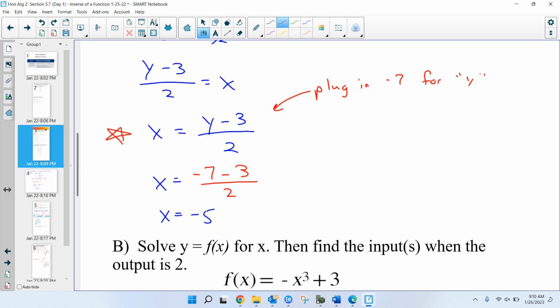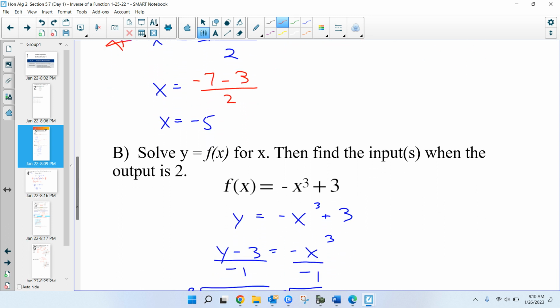Switch x and y. What's the inverse of this? y equals x minus 3 over 2. Right? So they had us get to that point. They just never had us switch the variables. So if they ask you to do one of those in the homework, don't switch the variables. They're just getting you to see that you have to do the inverse operations to get it to that point, and that's set up to find an inverse. They just never did that.